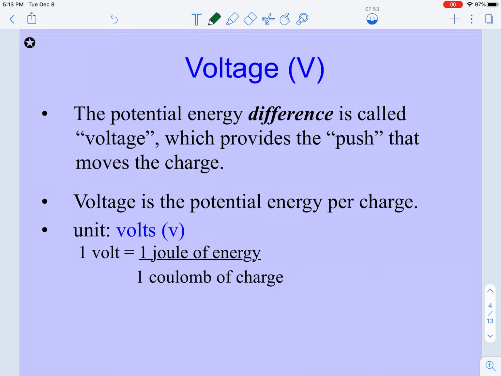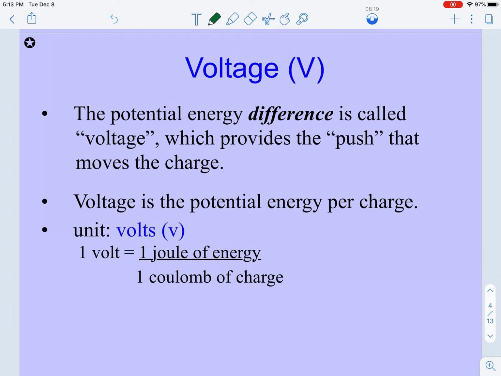Okay, so voltage is a vocabulary word. It's going to be one of our variables. It will be a capital V in our formula, and it's also going to be a capital V for our units. So the potential energy difference is called voltage, and this is what is responsible for causing our electric charges, or our electrons, to move. Voltage is potential energy per charge.